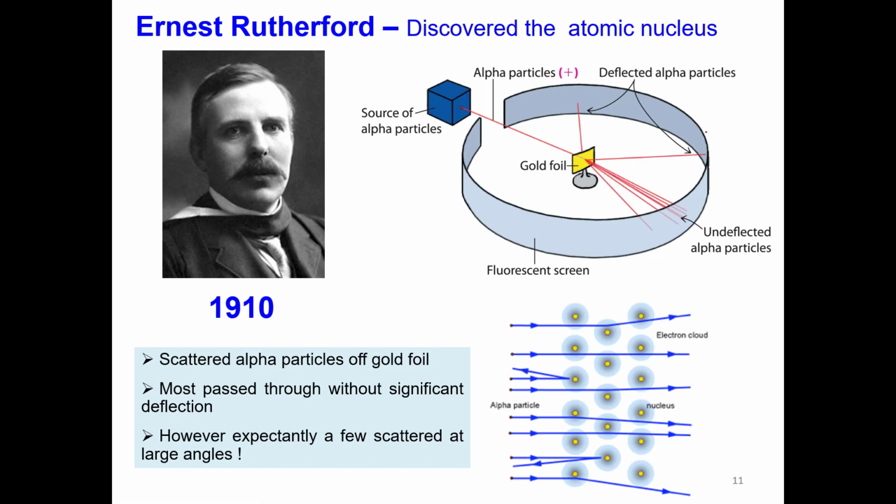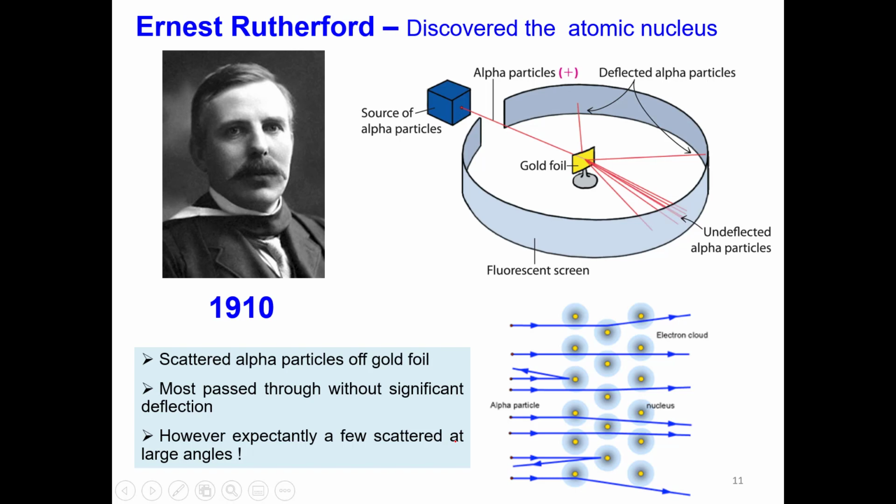Then when he analyzed this result, what were his conclusions? The first thing is, he said most of the alpha particles, the alpha rays, pass through, as we can see here, these are the gold atoms, and most of the rays passed through, but a few of them were scattered to higher angles.